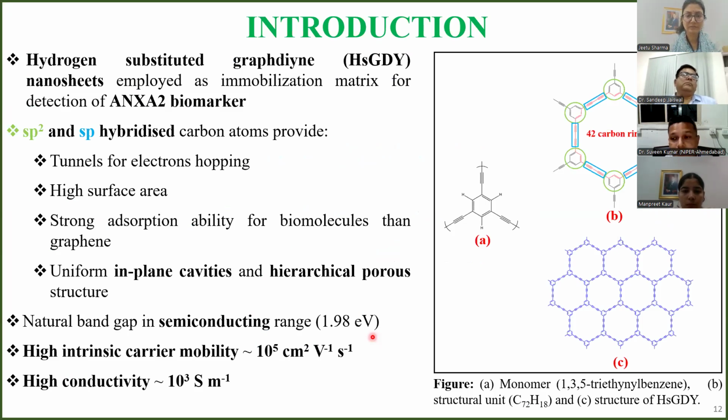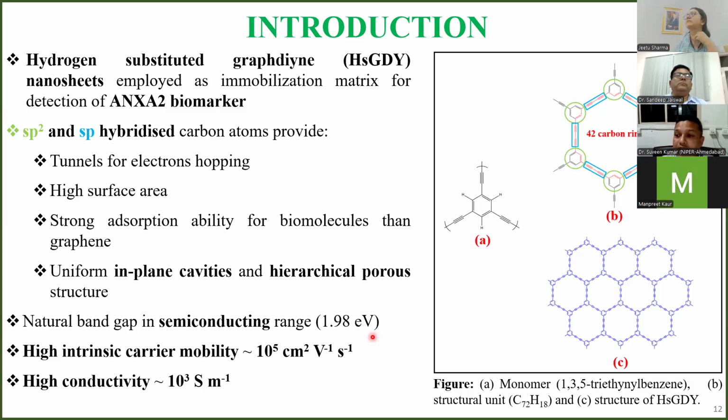It has sp2 and sp hybridized carbon atoms, which give high surface area, tunable electron hopping, strong absorption ability for biomolecules, uniform in-plane cavities and a porous structure. These are the properties of this material.